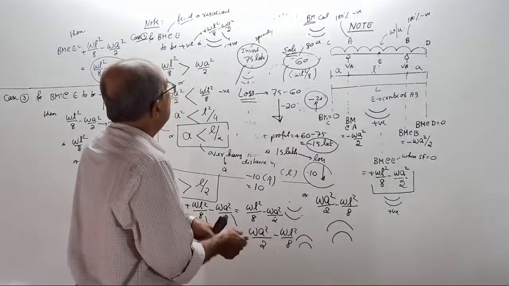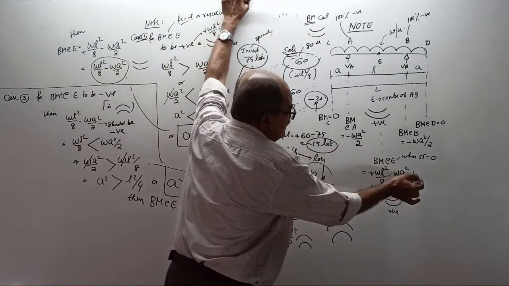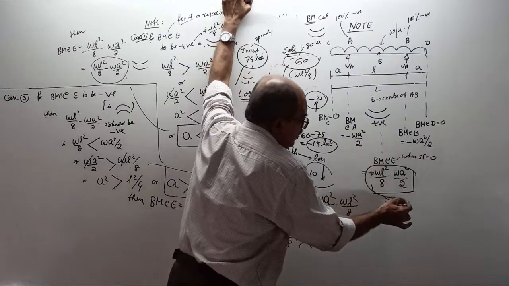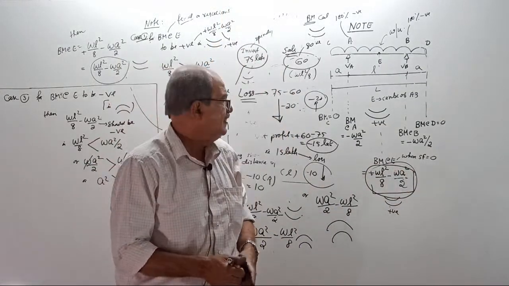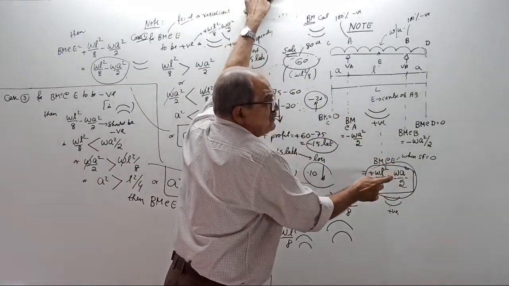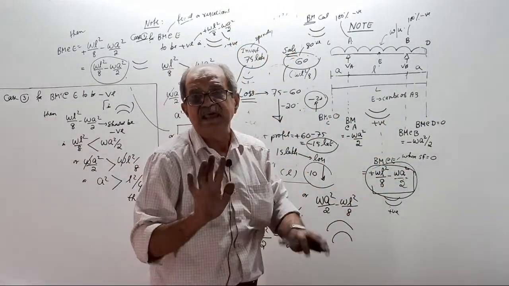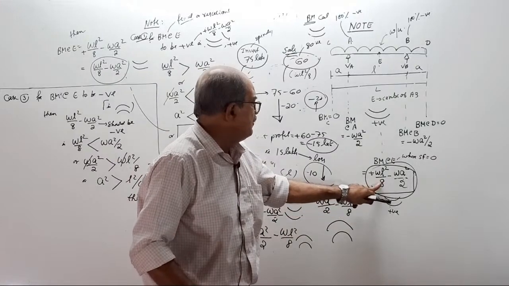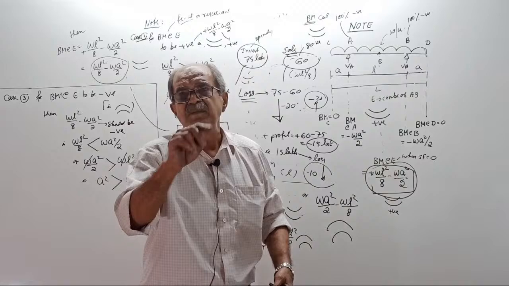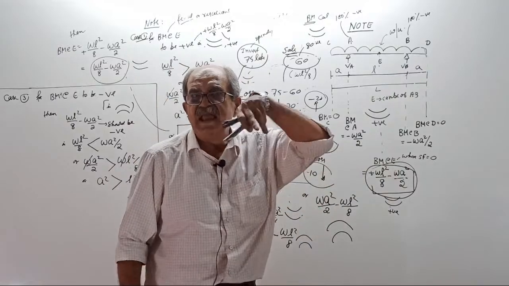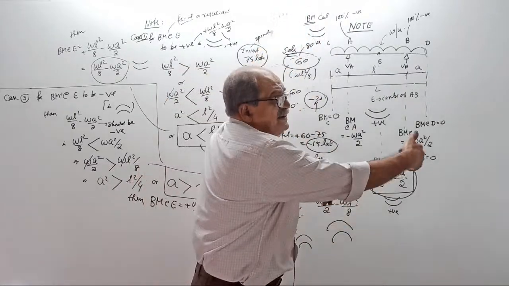Or remember, if you write WL square by 8 minus WA square by 2, it is always sagging. Now, if the answer is positive, correct, that much sagging. If WL square by 8 is less than WA square by 2, then answer is coming negative. If it comes negative, then you interchange.